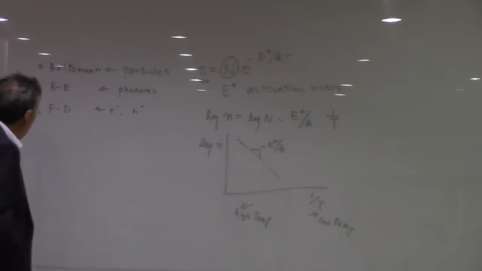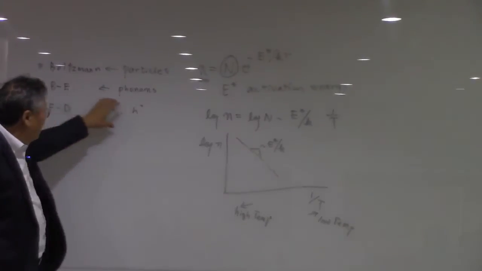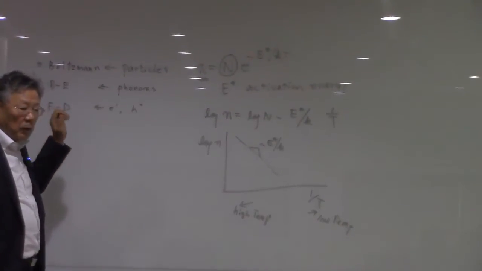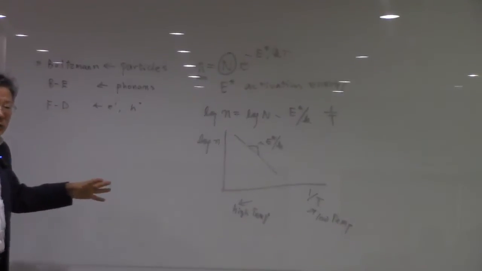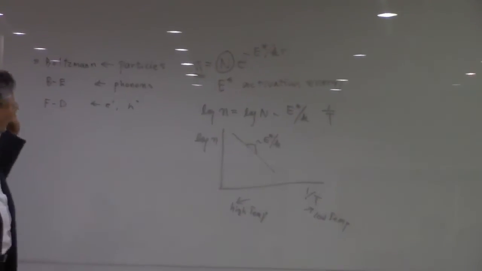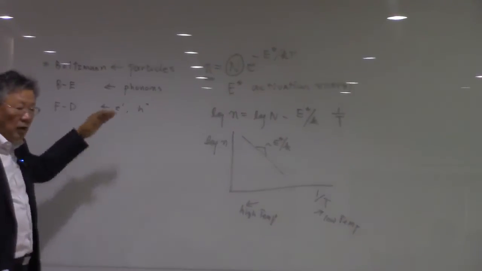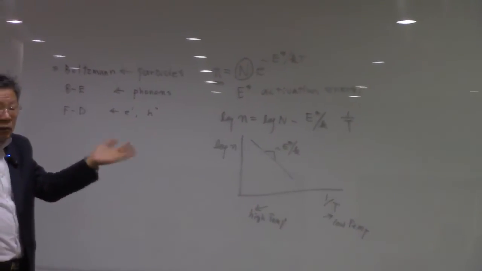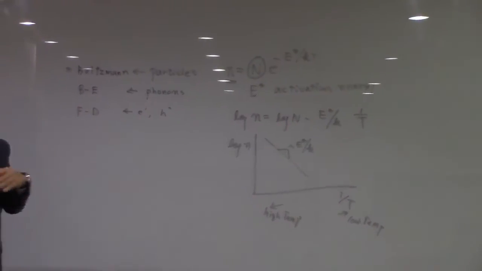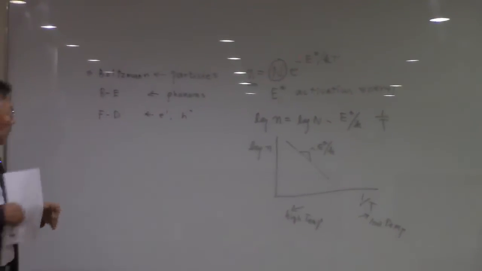So it would have been very complicated if we talk about the conduction of the materials, because we have to use the Fermi-Dirac statistics for the electrons on the conduction band, which actually contribute to the conductivity of the materials.